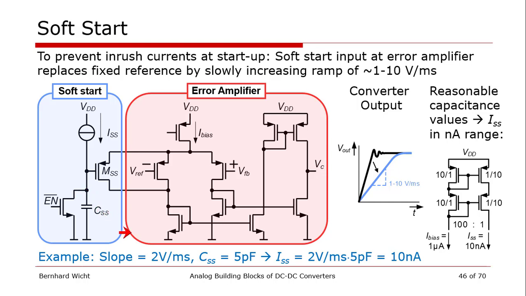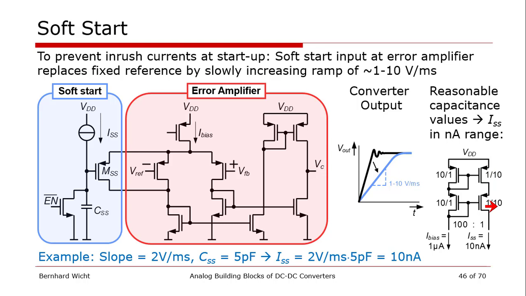If you do calculations here and allow ourselves a small capacitor, we find a current which is very small. 10 nanoamps needs to be provided to this 5 picofarad capacitor. And how can we generate it? We use a current mirror, but this violates all the rules that we have learned about matching.